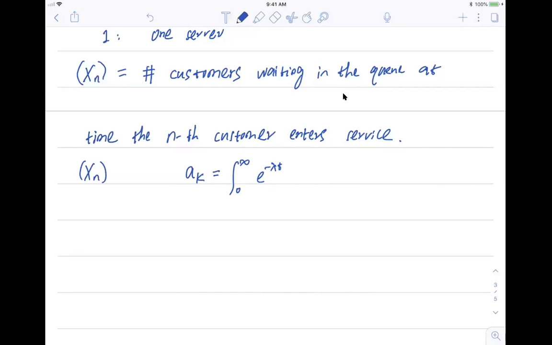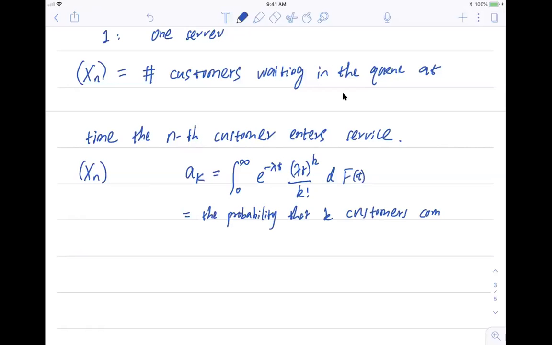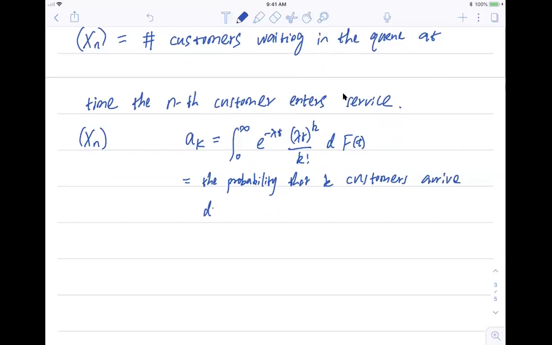Since the number of arrivals satisfies the Poisson distribution, and the service time of a customer is according to F, this is the probability that k customers arrive during a service time.